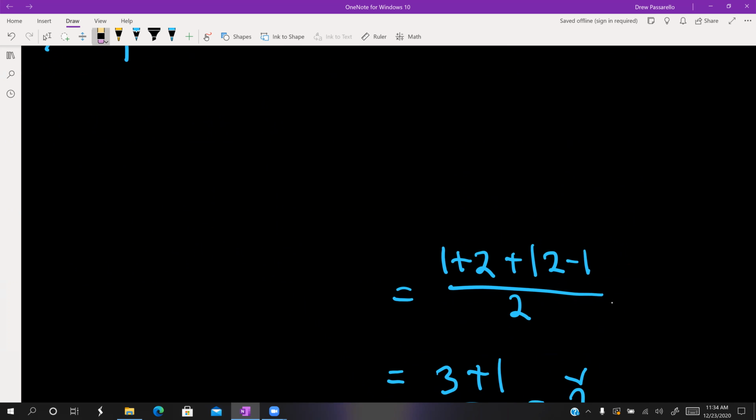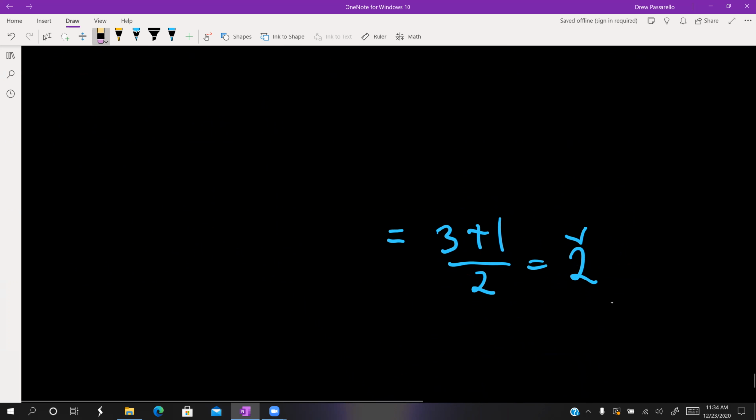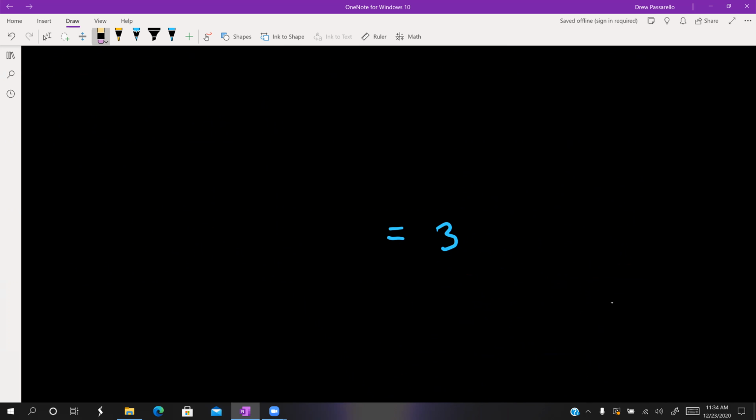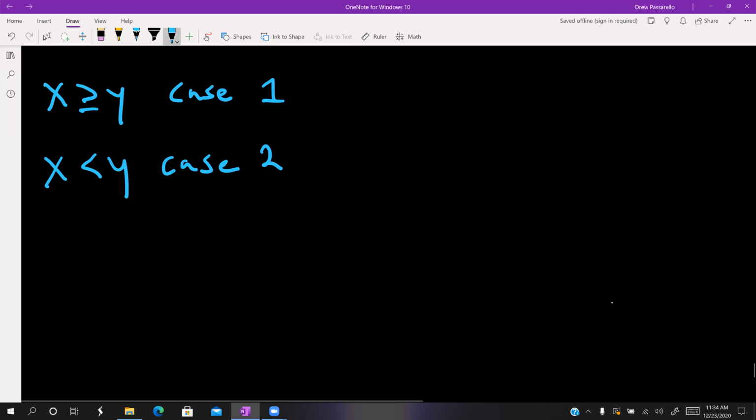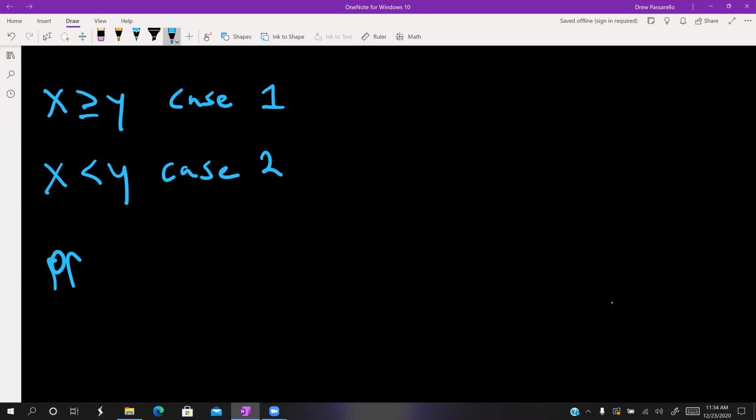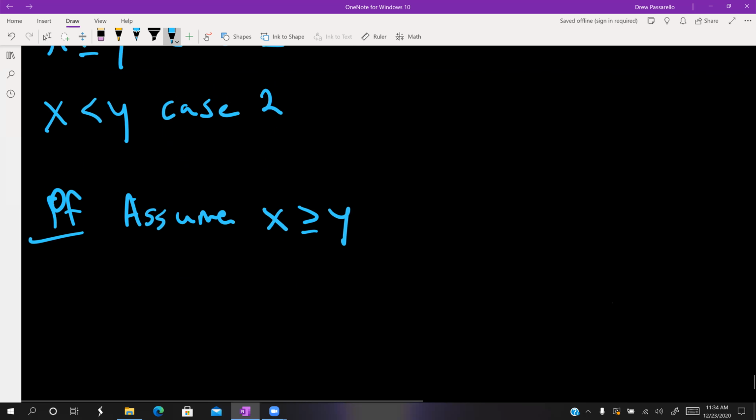All right, so do case 1, x being greater than or equal to y. So, proof. Assume x is greater than or equal to y. What can we say about this?